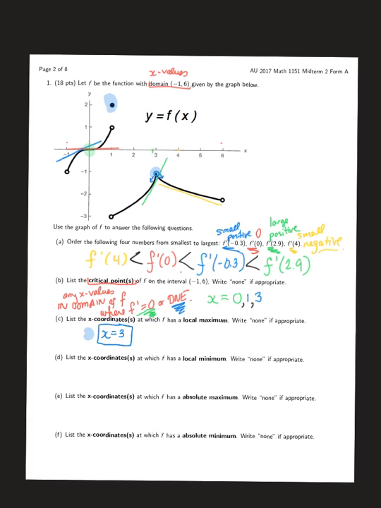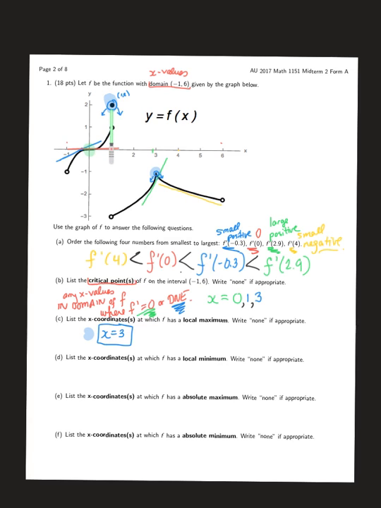That might be a little confusing when you hear it that way, but let's transfer that same vocabulary up here. At the point (1, 2), there is no neighborhood around this point. The graph doesn't exist to the left and to the right, so it has nothing to be bigger than, if that makes sense. So this point here is not a local maximum.